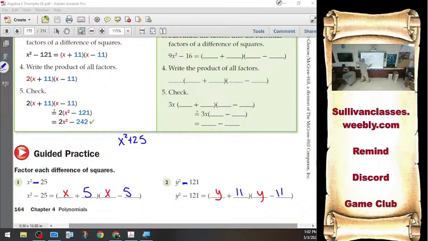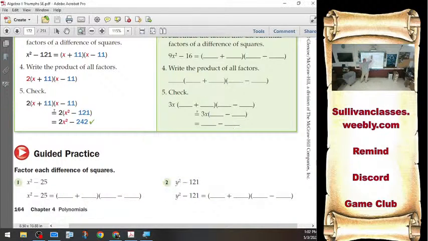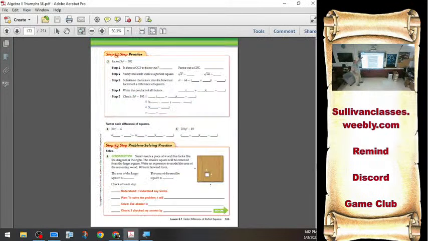Because otherwise, are we ready for imaginary numbers yet? No. There is such a thing as imaginary numbers. We're not there yet.